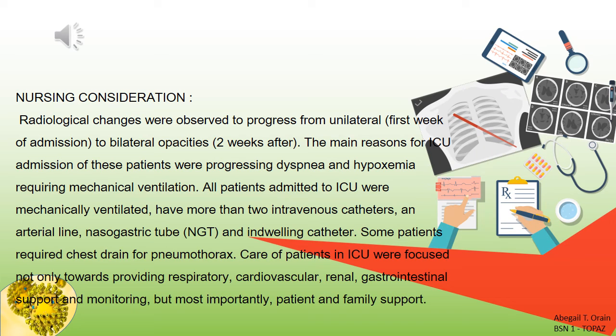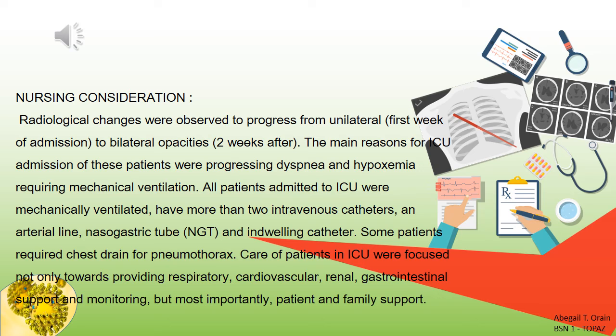SARS nursing consideration. Radiological changes were observed to progress from unilateral in the first week of admission to bilateral opacities 2 weeks after. The main reason for ICU admission of these patients was progressing dyspnea and hypoxemia, requiring mechanical ventilation.